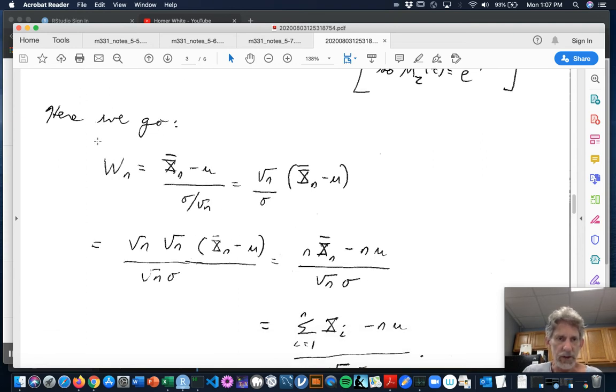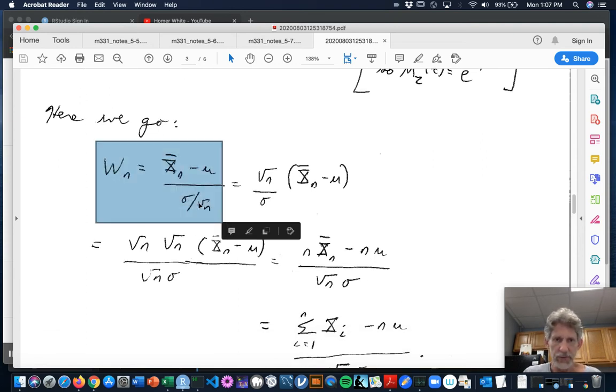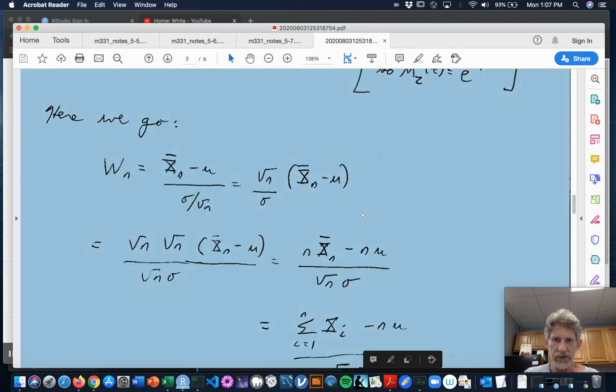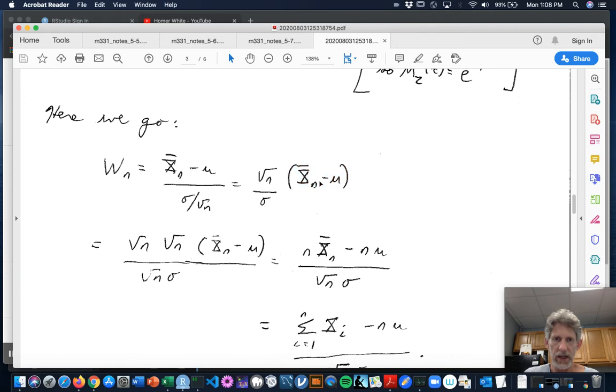So I take this Wn like it's defined, and I do a tiny bit of algebra to write it like this. And then I stick a root n divided by a root n onto things. So I'm multiplying by 1. I'm not changing the value of anything. So there's an n right there on top, and I'm going to multiply that in right here.